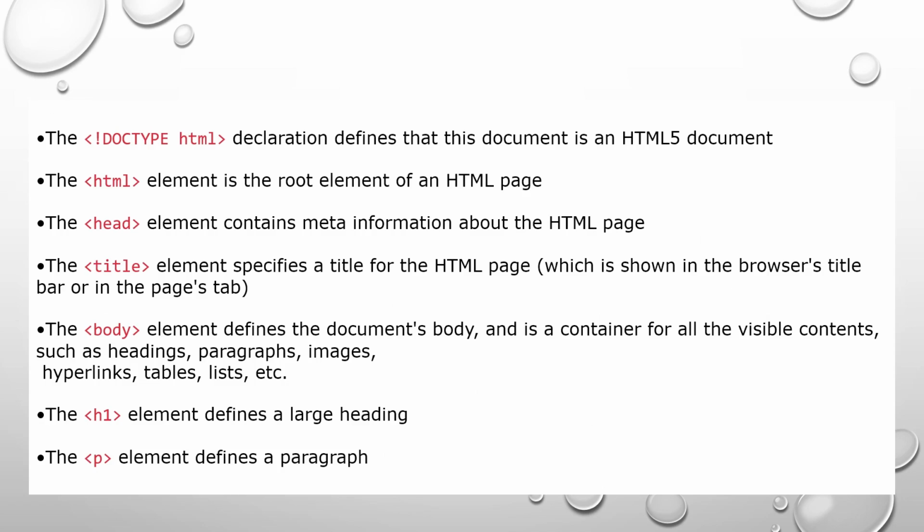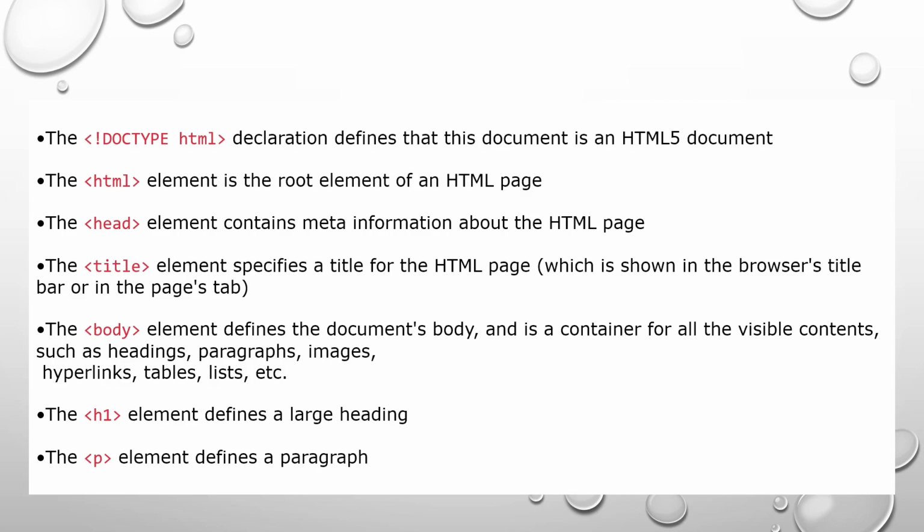So it's not anything confusing, just the current version, that is the 5. So the doctype HTML defines that this document is an HTML document. So wherever you see code in a code editor or anywhere and you see this declaration, you have to know that it means you are working with an HTML5 document.